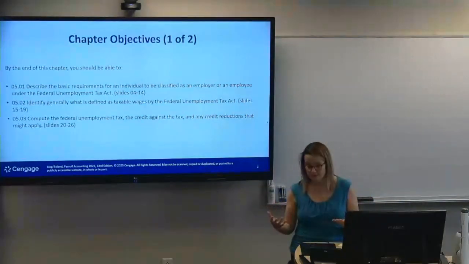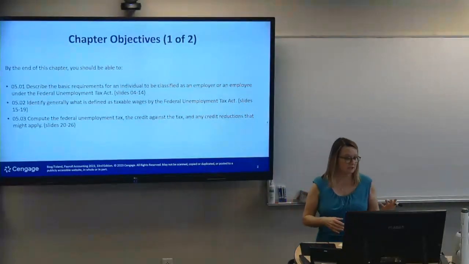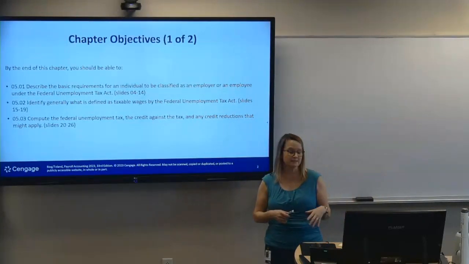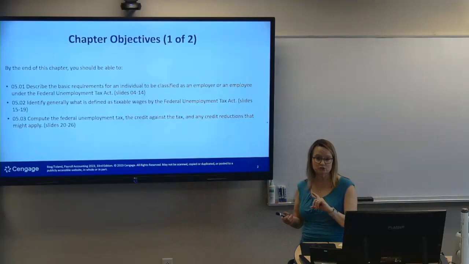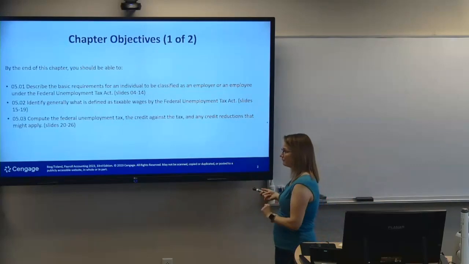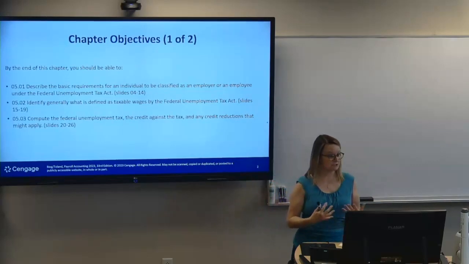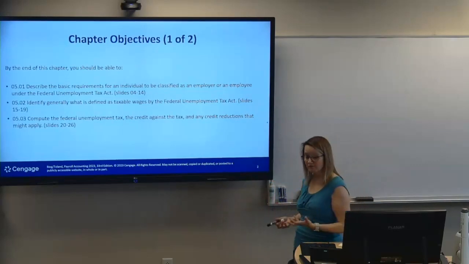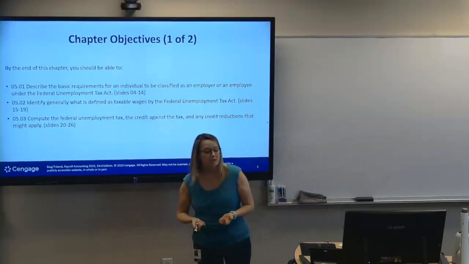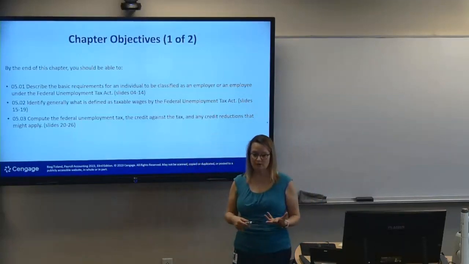If you've taken a look at the chapter, you'll see there is a chart that gives you details about each state and what their unemployment rules are. That said, the checks come from the state, but the federal government plays a part as well. The federal government administers the federal unemployment program.